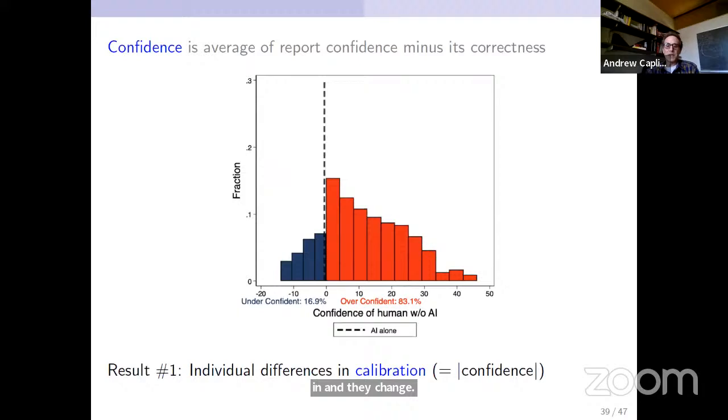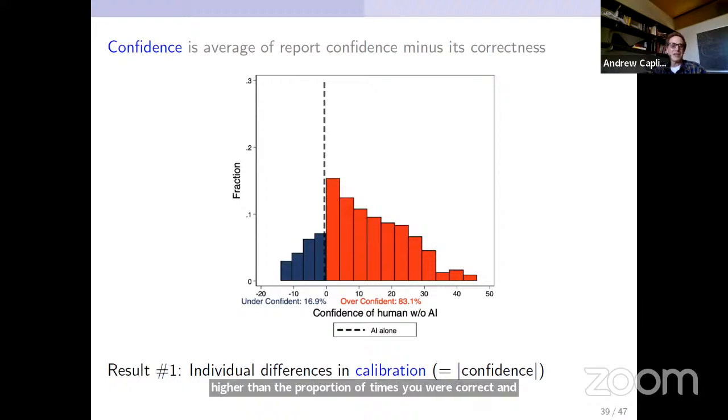We use very simple measures of confidence. We've done several different variations, and the simple measure is: were you correct more often? Was your average report of which is more likely, let's say I'm 90% sure, higher than the proportion of times you were correct, and we'll look for the average difference.